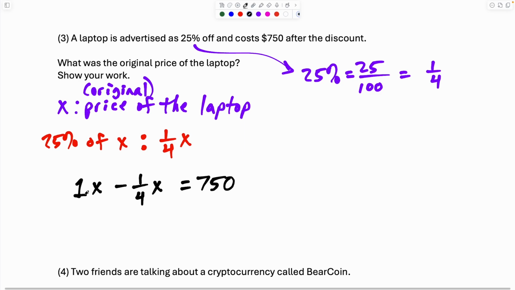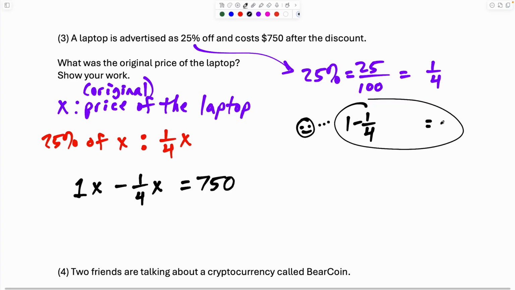So when we do something like 1x minus 1/4 x, when you add or subtract x terms, you just add or subtract the numbers in front. So the math that I'm doing in my head here is I'm just saying, okay, 1 minus 1/4 is equal to 3/4. If that math is tricky to do in your head, then what you could do is call 1 over 1, and find common denominators.